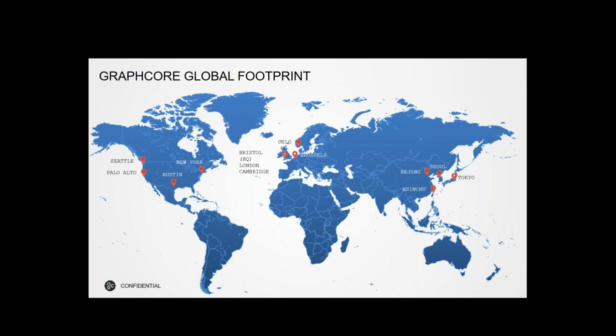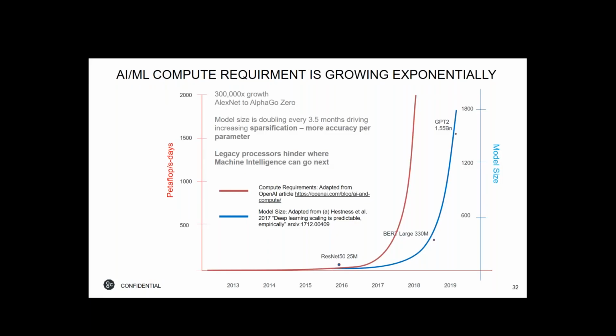So we use TSMC 7nm technology, we use ASE for packaging, and we use a contract manufacturer as well in Taiwan to build an end system. So, you know, we don't sell chips, we sell end systems, and you'll see some of that in a minute. We've got business folks and customer folks in Beijing and on the West Coast and on the East Coast and in Austin, and also in Japan and Korea. Okay, you can advance, Jason.